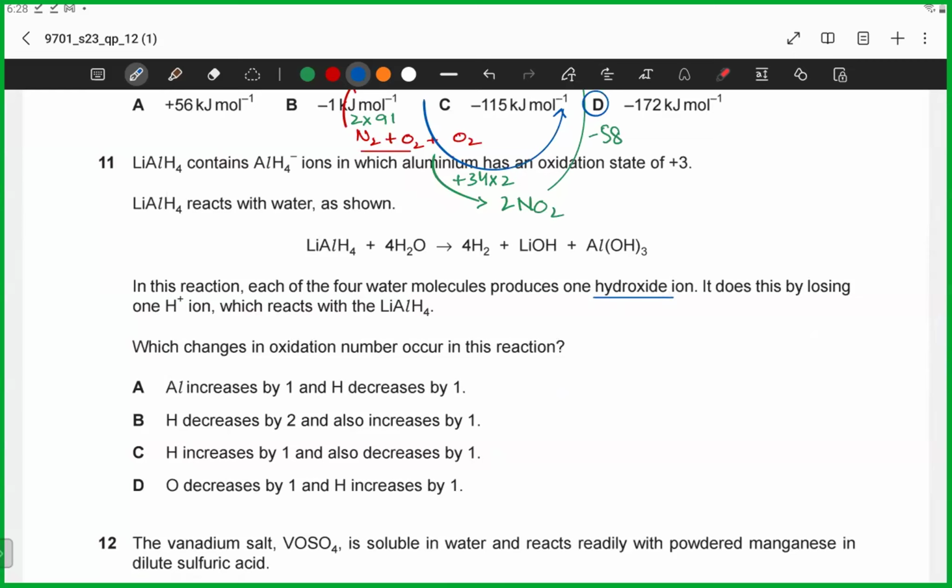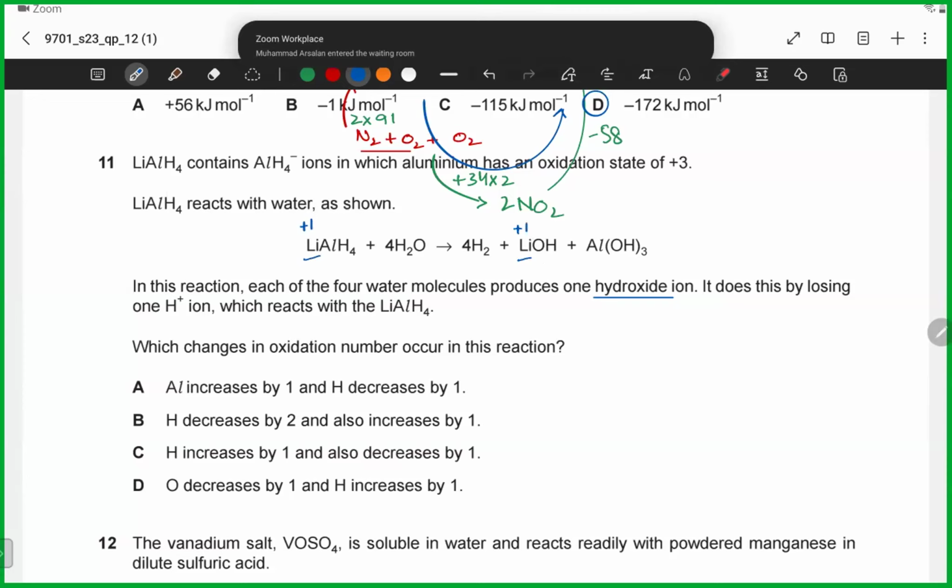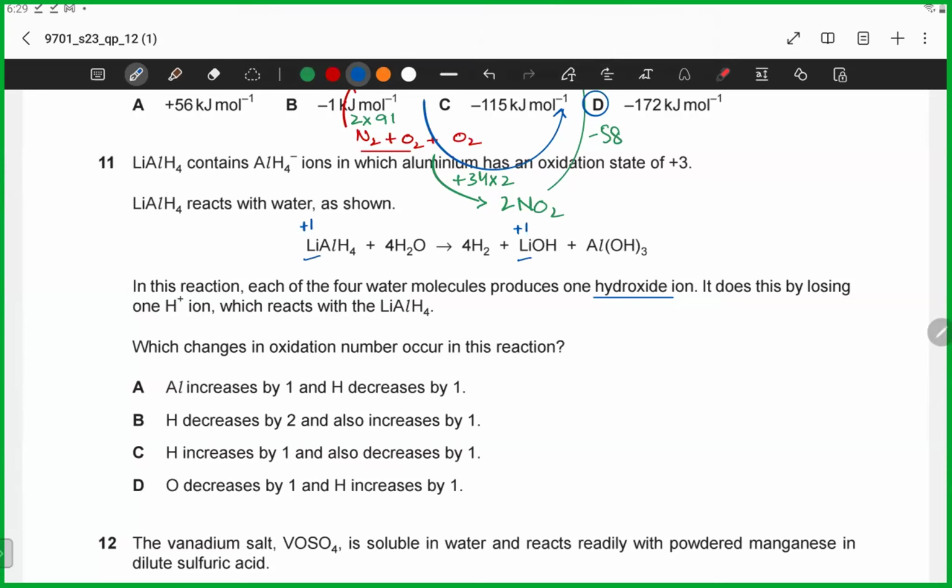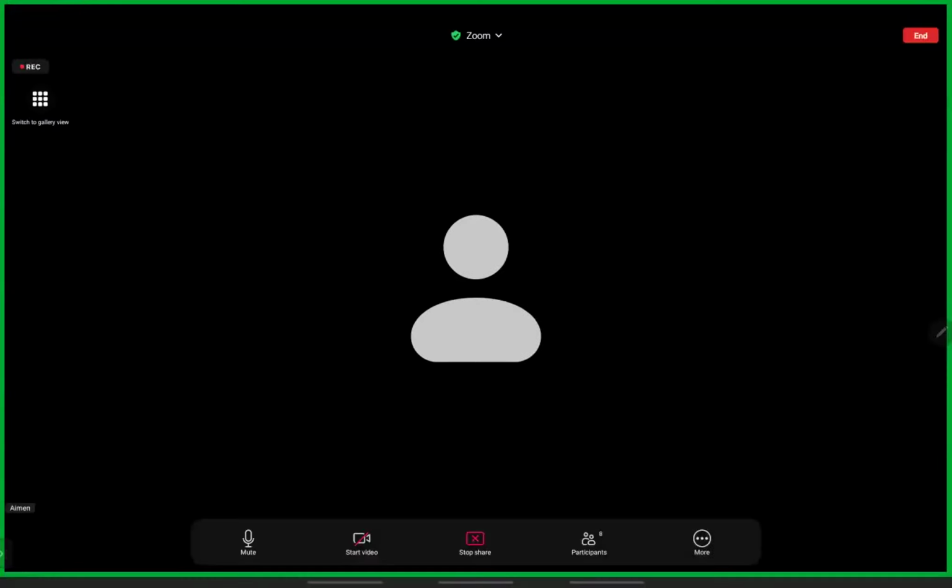So any idea what the oxidation number that's changing is? Does the oxidation state of the metals change or not? Lithium is group 1, right? So it's always going to be +1. Lithium is still +1.